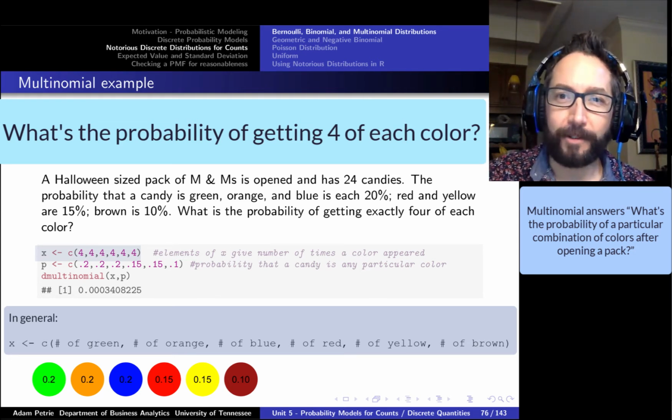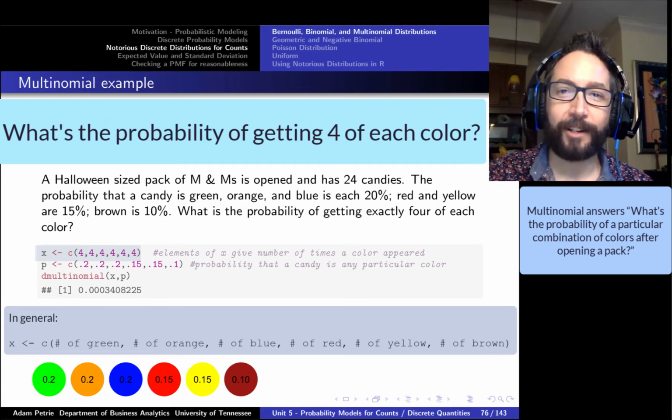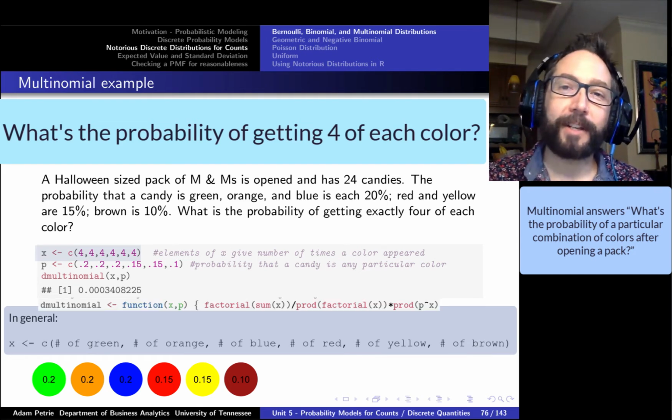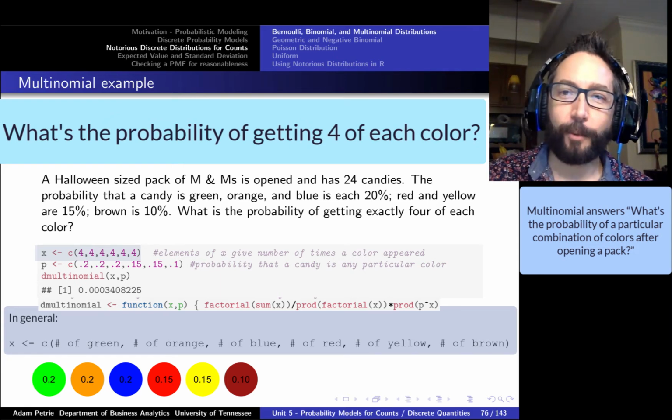Let's have that be the first, second, and third elements of p, the first, second elements of x here, the number of greens, oranges, and blues that I get out of those 24 trials. 15% chance of yellow and red, and 10% chance of orange. If I throw that into the dmultinomial function, x comma p, that lets me know the probability of that particular combination of outcomes, 4 of each color, after 24 trials.